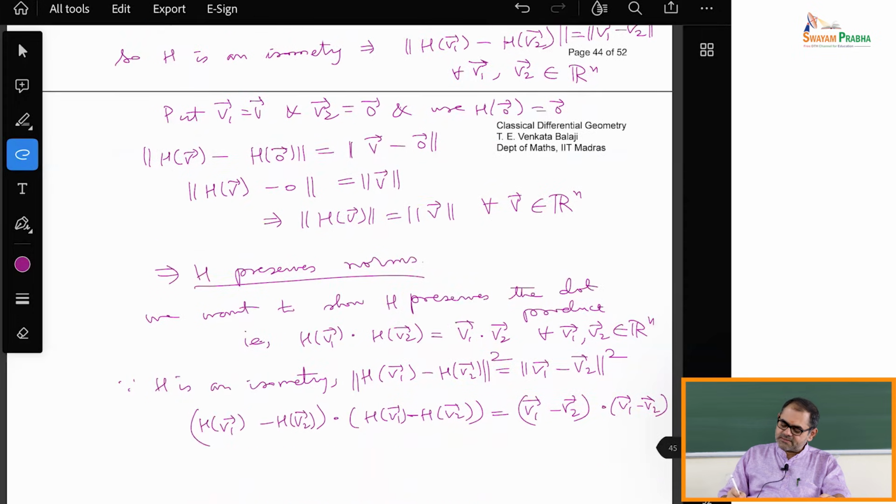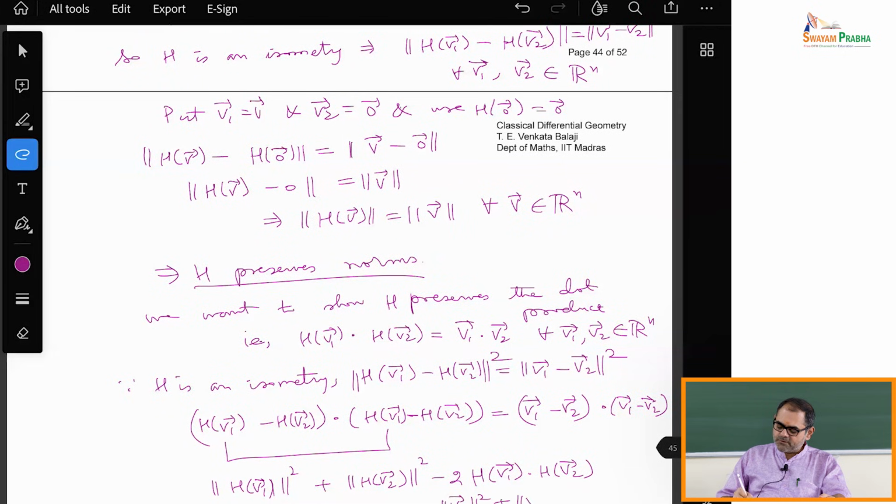And just expand this, then you will get norm HV1 squared plus norm HV2 squared minus 2 HV1 dot HV2 is equal to, on the right side, norm V1 squared plus norm V2 squared minus 2 V1 dot V2.